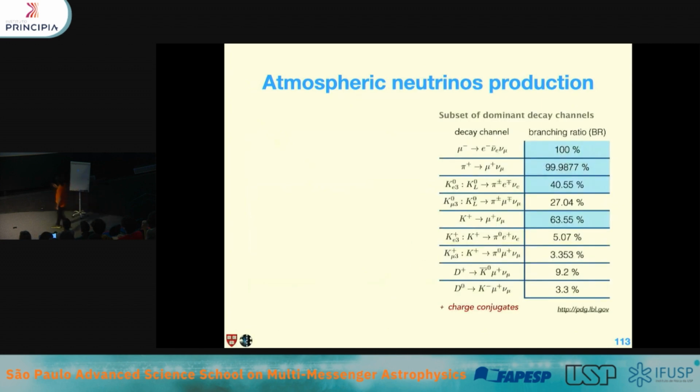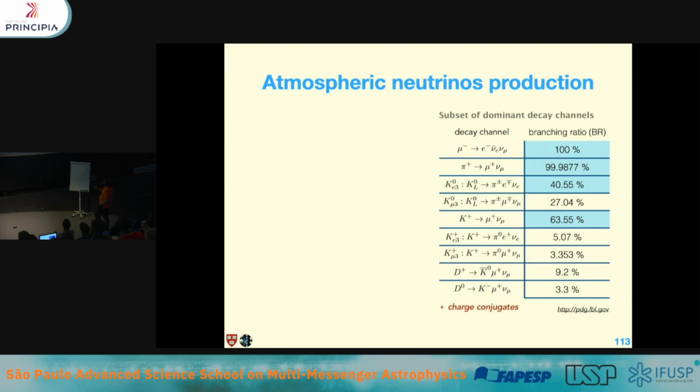The production of atmospheric neutrinos is going to come from the decay of these mesons. Predominantly, it's going to be from muon decay, which produces equal fractions of electron neutrinos and muon neutrinos. Pion decay produces, essentially, exclusively muon neutrinos. And then kaons decay into a combination of muon neutrinos and electron neutrinos.